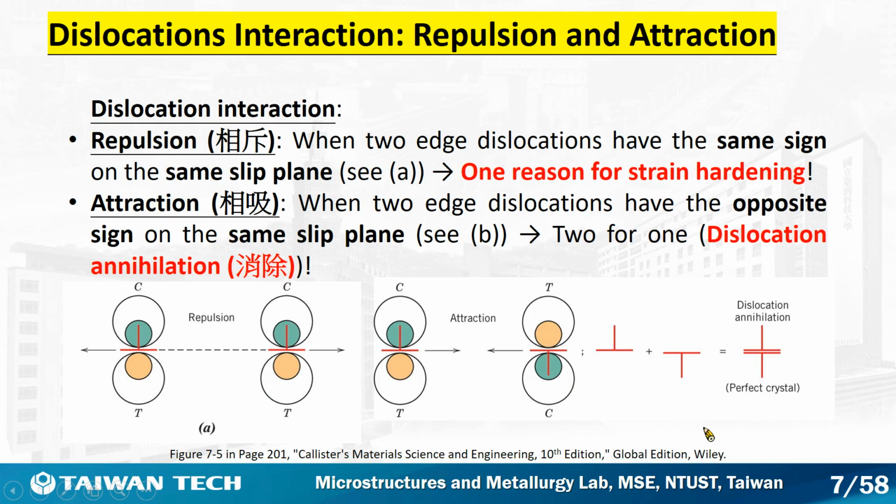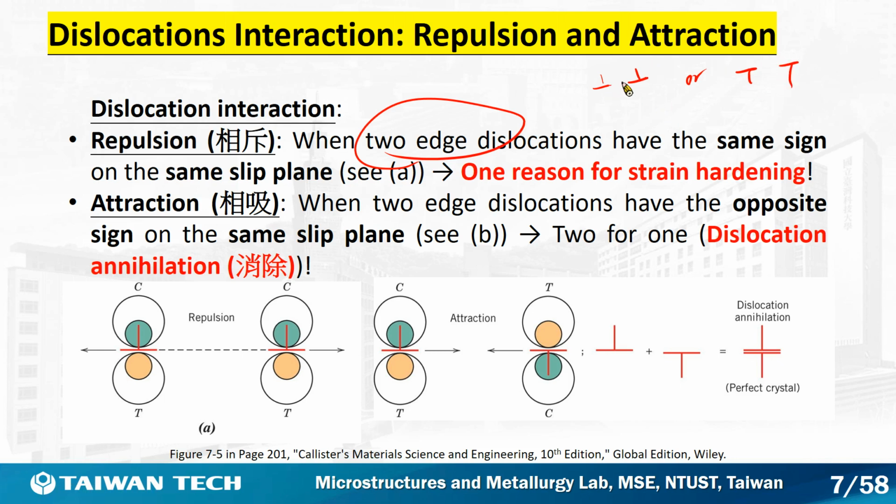Okay, let's talk about dislocation interactions. We will have repulsion and attractions. So for repulsions, let's take edge dislocations for example. If we have two edge dislocations and they have the same sign, for example, two positive edge or two negative edge.